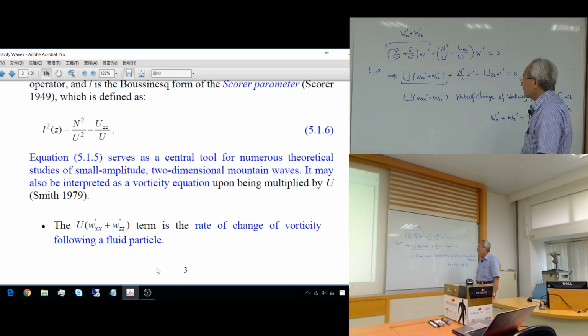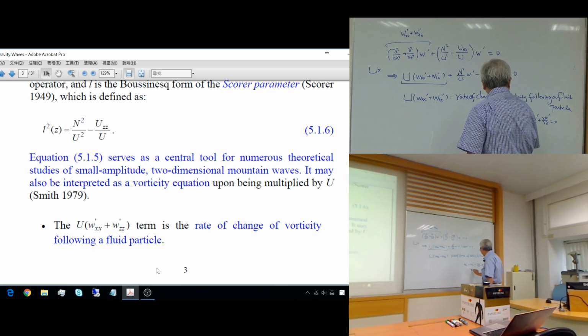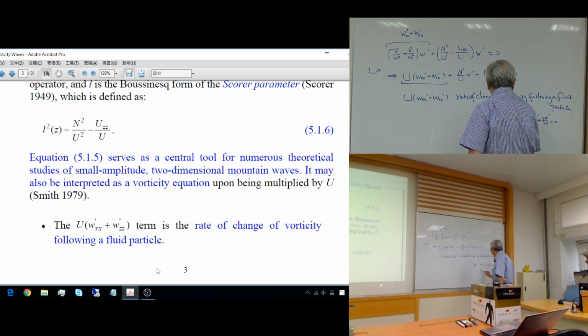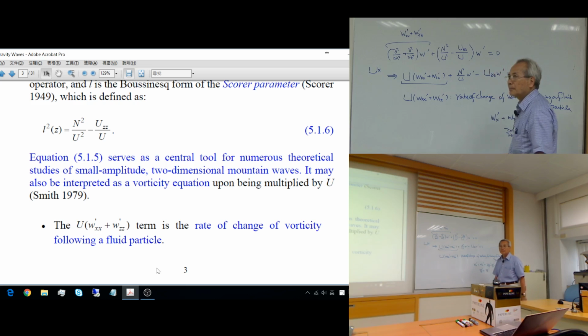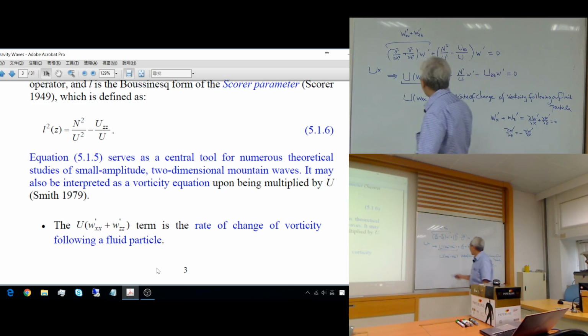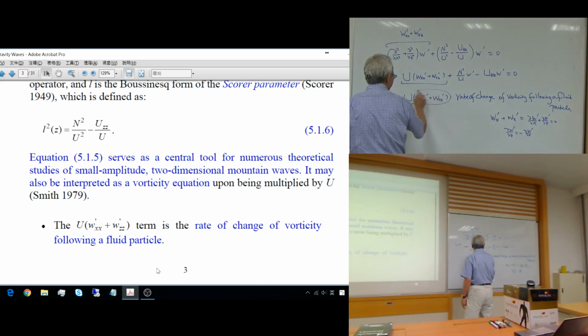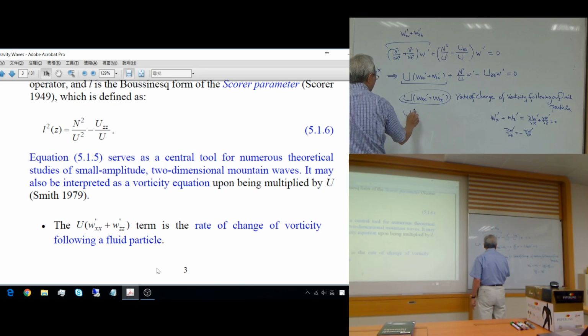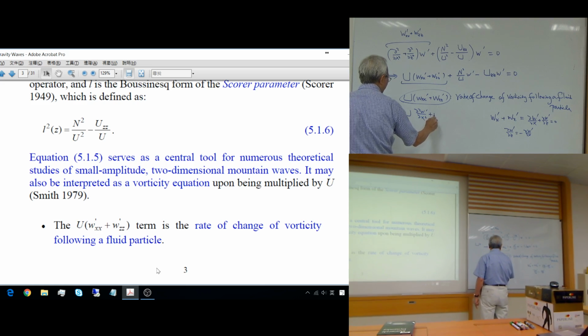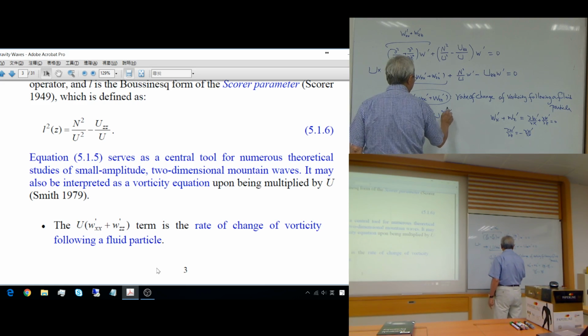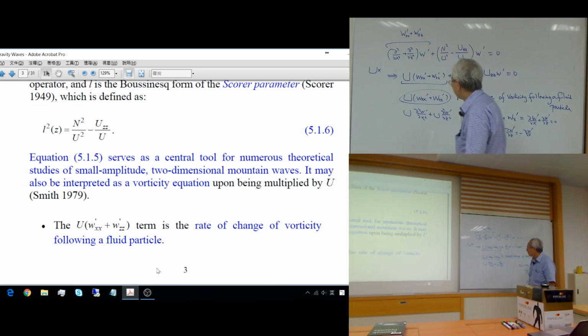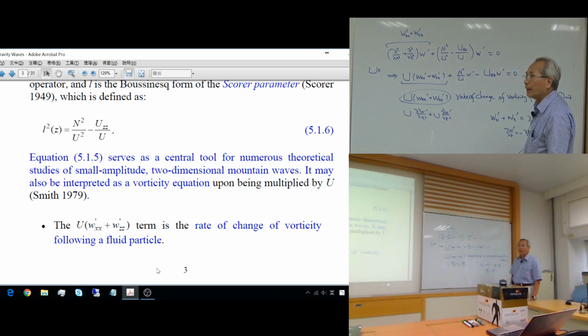So this means dW prime/dz equals negative dW prime/dx. Now this term is U d squared W prime/dx squared plus U d squared W prime/dz squared.